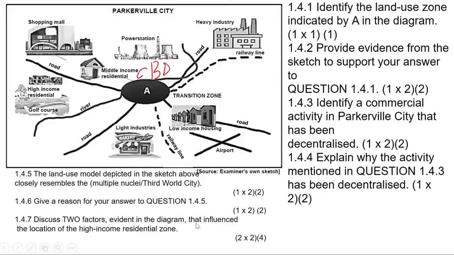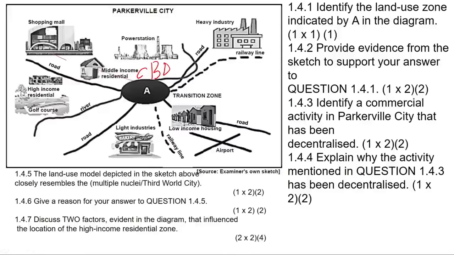Everybody will also struggle to get there because it results in traffic congestion and people will not be able to reach that place easily. So its accessibility creates an inaccessibility on its own: it is accessible because of the roads, but it's not easy to get to the city using those roads because of traffic congestion. Then provide evidence from the sketch to support your answer. We have said that all transport routes are converging there.